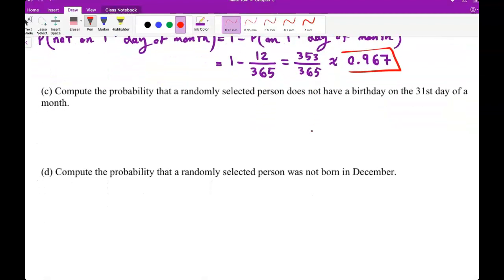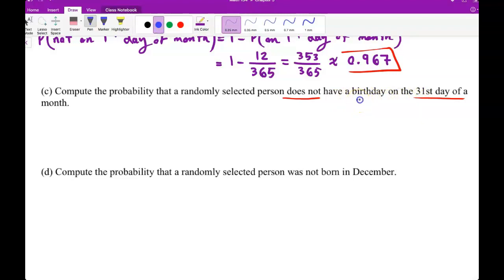Part C, compute the probability that a randomly selected person doesn't have a birthday on the 31st day of a month. Now here we should count how many months have 31 days.